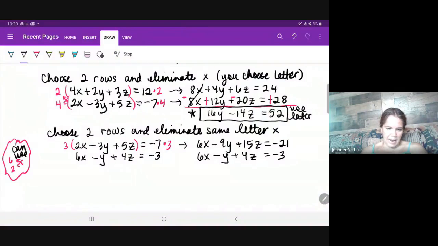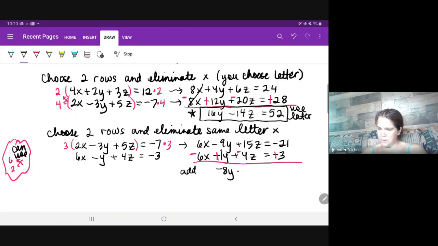Okay, now I have to change the signs. And then you add, right? So this is what? That's a 1. So negative 8y plus 11z equals negative 18. And then you're going to put a little star by this one and put use later.